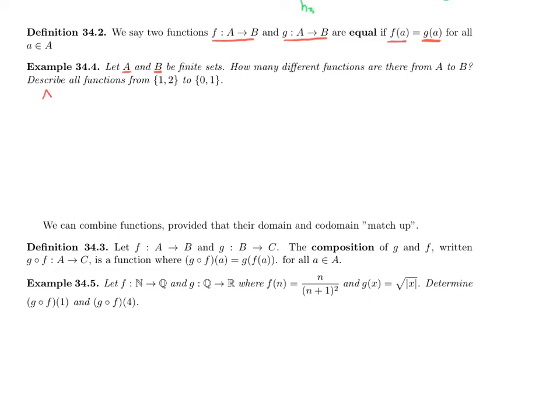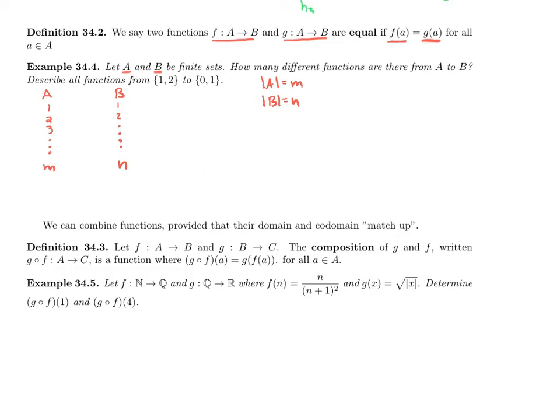Let's say A had m elements, and the labels of the elements don't matter, so I'm just going to call them 1, 2, 3, all the way to M. And B can have a different number of elements, anywhere from 1 to, let's call it, N elements. So we're saying that the cardinality of A is M, and the cardinality of B is N.